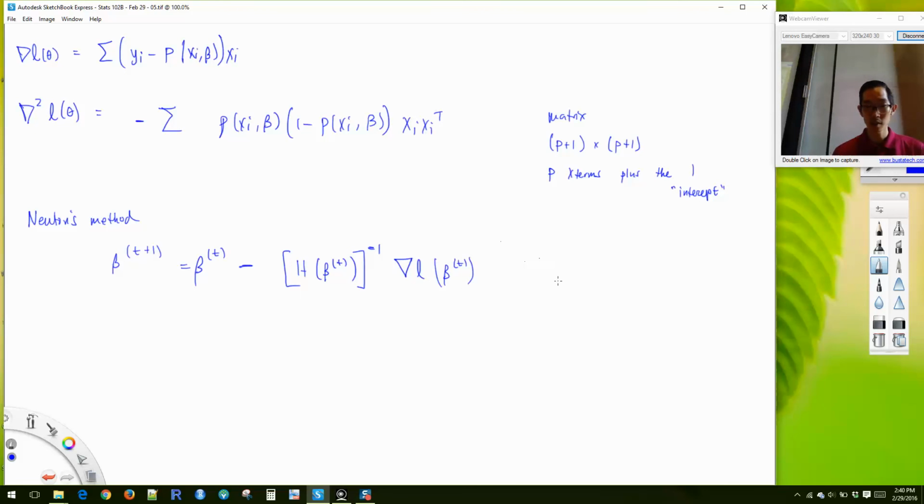So this is our iterative steps to find the maximum.